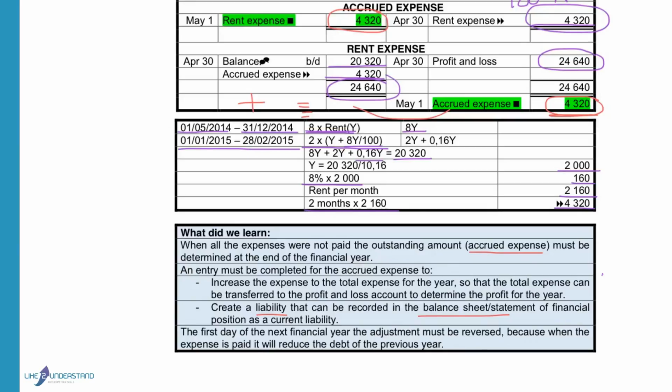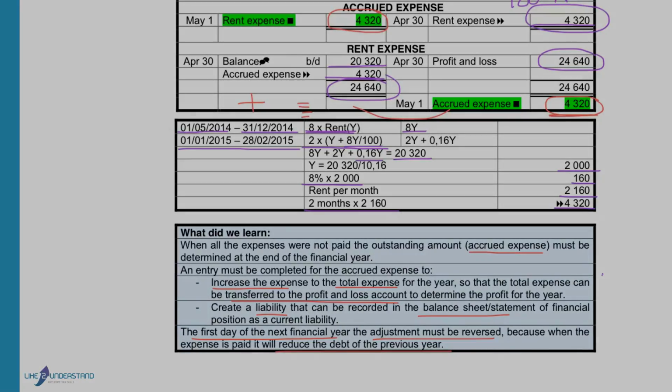And we will increase the expense so that we can determine the total expense, because the total expense must be transferred to the profit and loss account to determine the profit for the year. On the first day of the next financial year, you will have to reverse this adjustment because this expense will be paid later on in the year. You reduce your debt and transfer it to the rent expense account on the credit side.